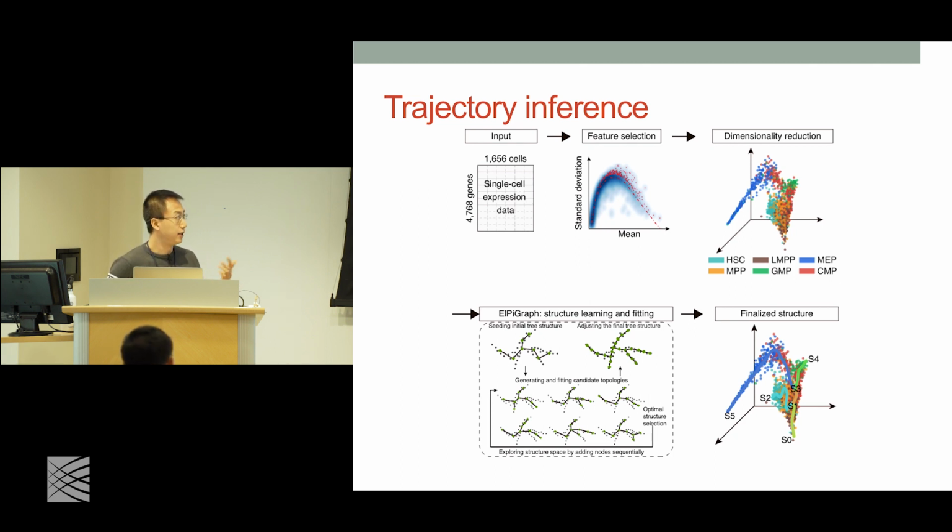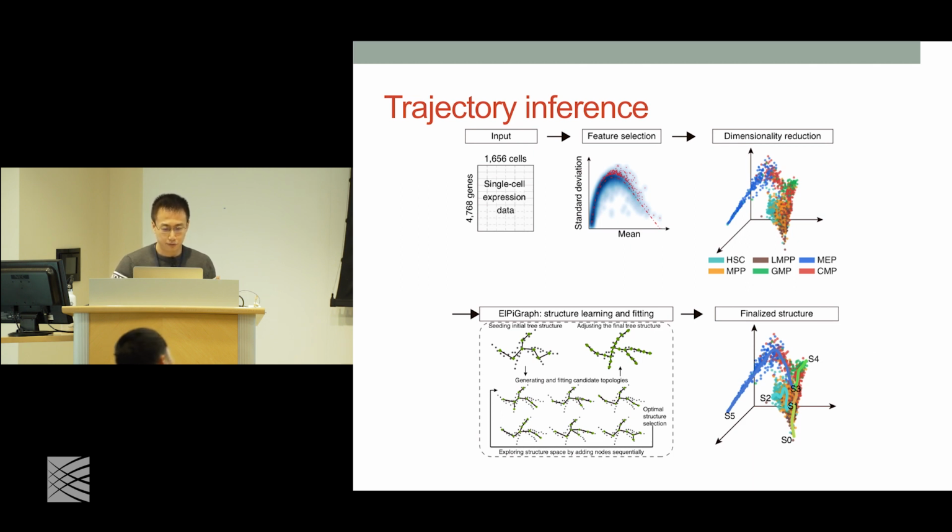Based on the mean values and standard deviation, we use the local regression method LOESS to fit a red line here, and select the genes that are above that fitted curve. Those genes we believe are more important in terms of the biology.